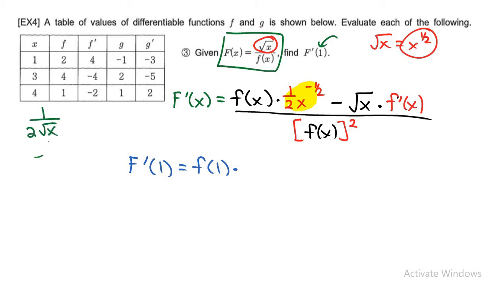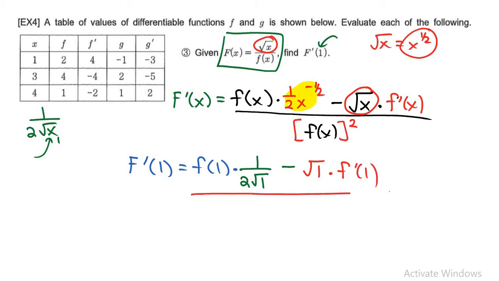And if I plug in a 1 there, that's going to be 1 over 2 root 1 minus, now this root x over here, that's going to be root 1 times f prime of 1 all over the denominator squared when x equals 1.